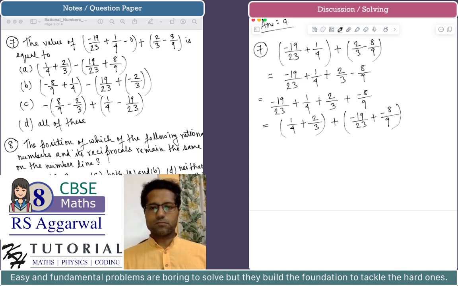Now this definitely matches with the choice A, but you can see a little bit of difference. In choice A, the terms which are being subtracted are 19 by 23 and 8 by 9. But in our result we have addition of two terms, but choice A is a subtraction of two expressions.